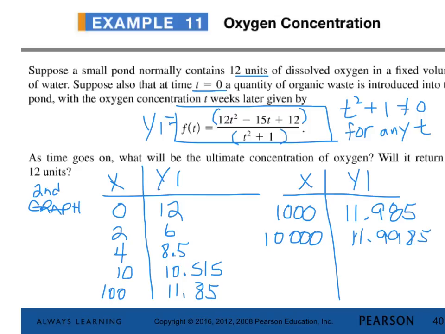But take into account, how long is 10,000 weeks? Since there's 52 weeks in a year, 10,000 weeks is 192 years.